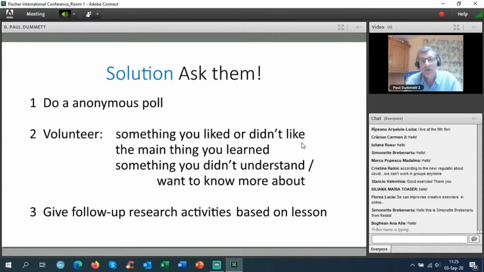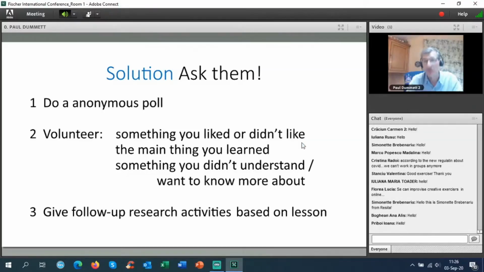And the third thing is perhaps just to give research activities. It's a good barometer, a good measure of whether they enjoyed the lesson, as to whether they actually do some research activities. So one example would be find a photo that you think reflects the topic of the lesson and bring it to the next lesson.